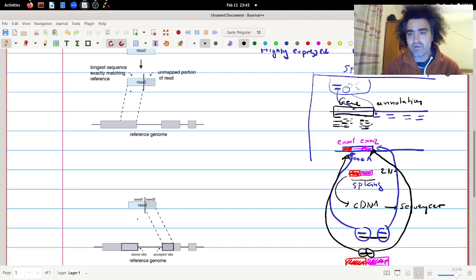In other words, from the reference genome, we need to know where a gene starts and where it ends. Why we need that? Because the only reads that are relevant to us are those that have been mapped to genes. If, for example, some read is mapped here, then we don't care about this read because there is no gene here. Probably this is a mistake. But these reads that are mapped to a gene are relevant to us because they will reveal the expression level of the gene.